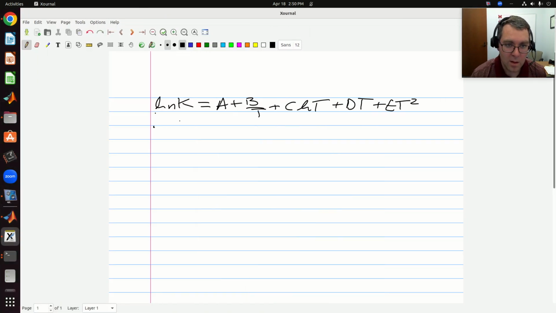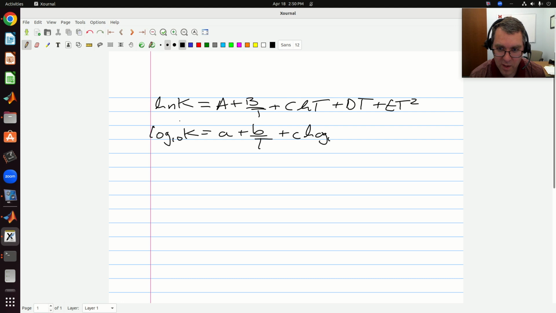So we have log base 10 of k is equal to little a plus b over t plus little c times log base 10 of t plus little d times t plus, where I have e here, I'm going to write as a little f, just because I'm going to use little e in my conversion.